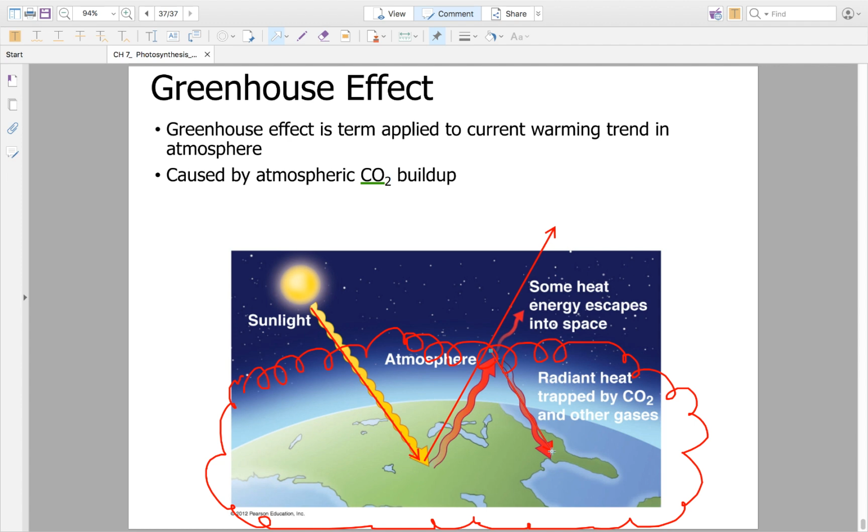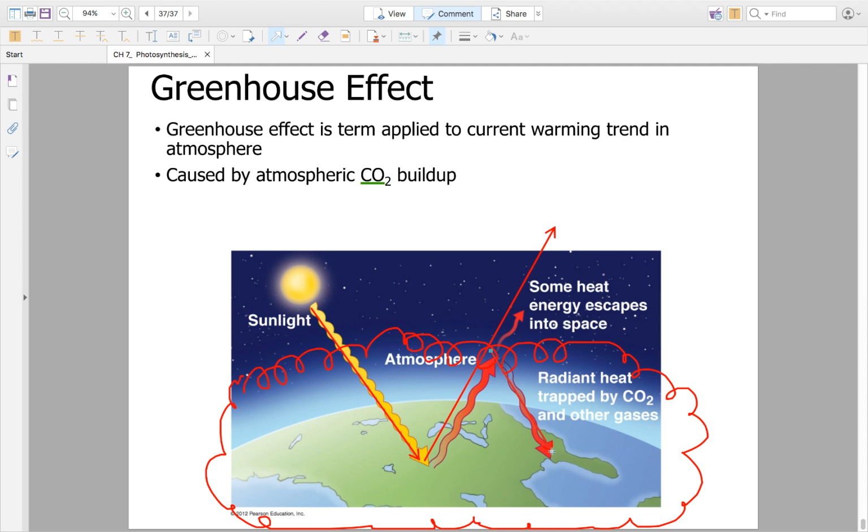Okay, why is that a problem? Well, there's tons of reasons why that's a problem, but the biggest concern is the fact that we have a North Pole and South Pole that's made completely out of ice.